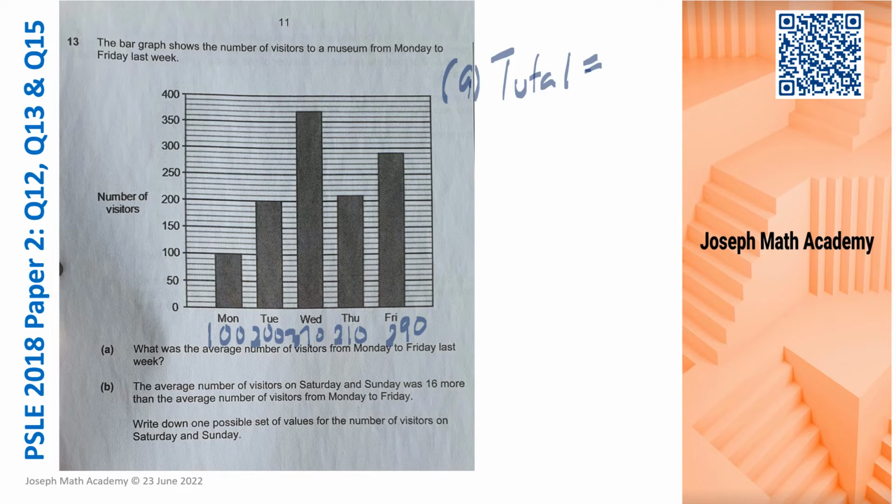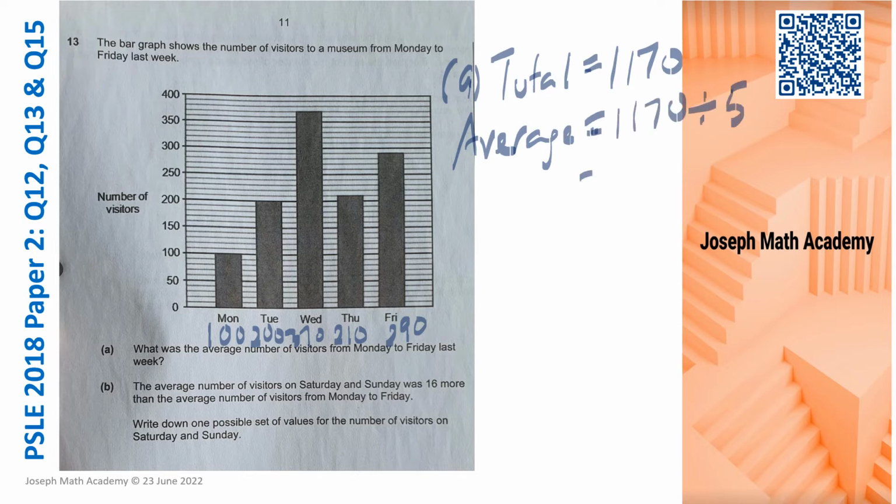So upon adding everything, I get 1170. So to find the average, to answer part A, I just take the total divided by 5 days, and that gives us 234. So part A is done.